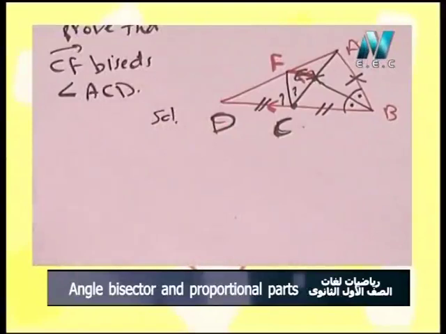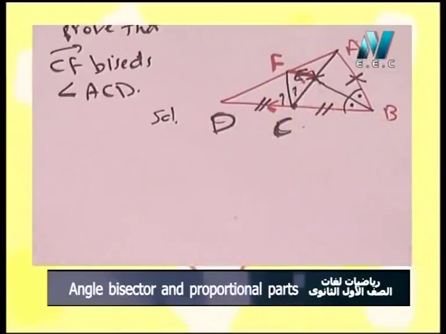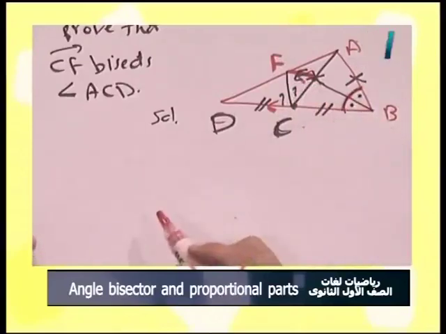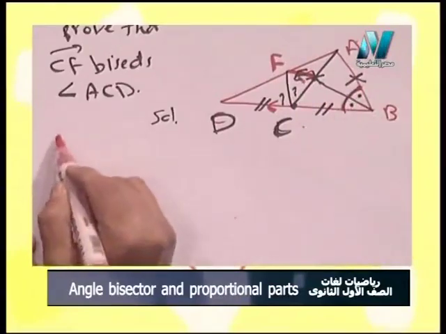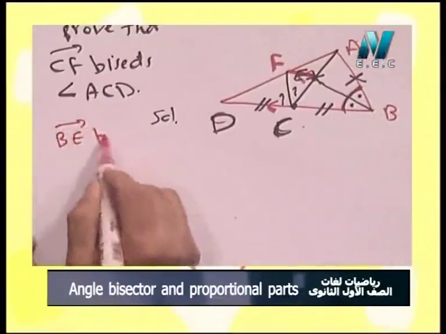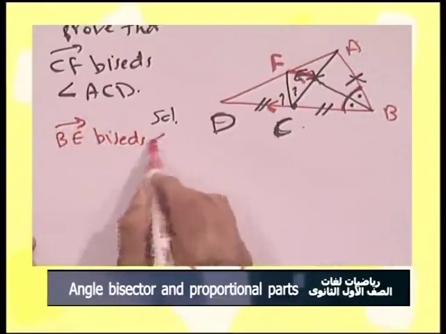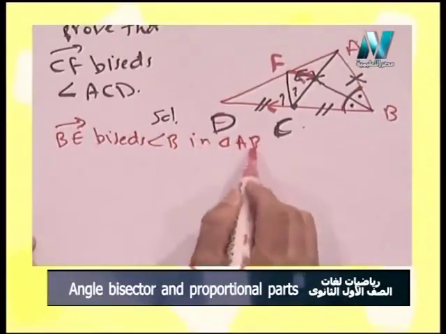Solution. Look carefully here. We will use the given here. We have BE bisects the angle B from inside, or interior bisector. We say that BE bisects the angle B in triangle ABC.